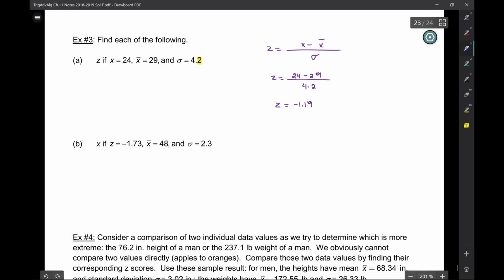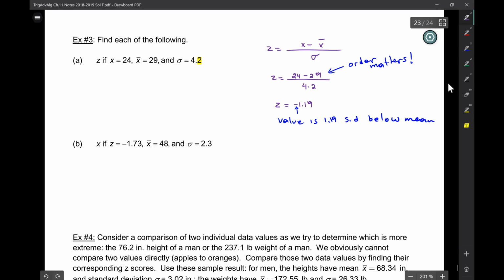Okay, a few things here. Order matters, because if you get a negative value, it tells you you're below the mean. If you get a positive value, it tells you you're above the mean. So the fact that you have a negative means the value is 1.19 standard deviations below the mean.